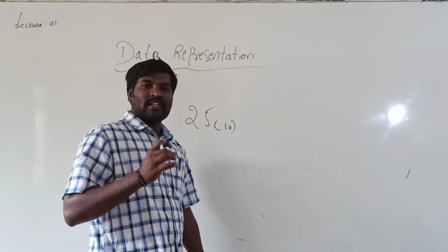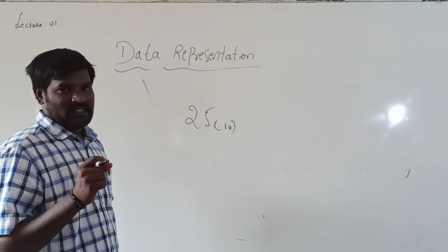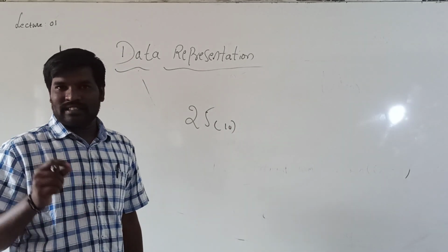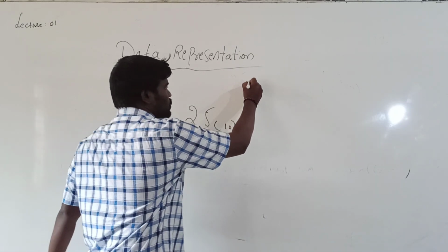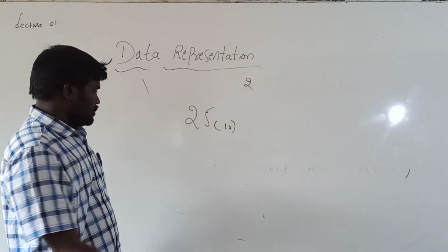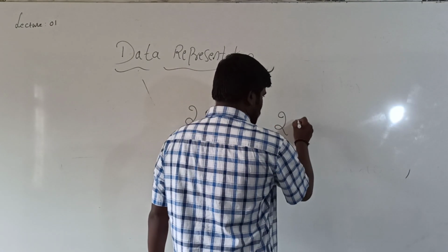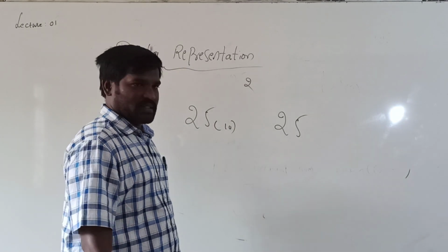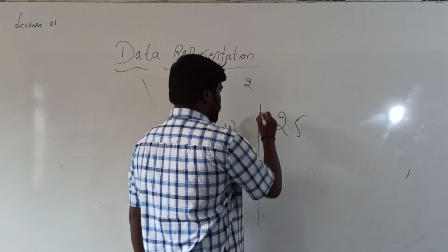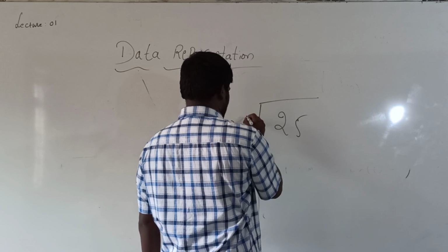First, remember the base of the decimal is 10 and the base of the binary is 2. Here 25 is the given question and the base of the binary is 2.